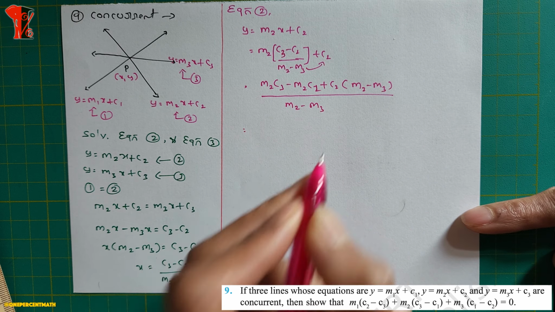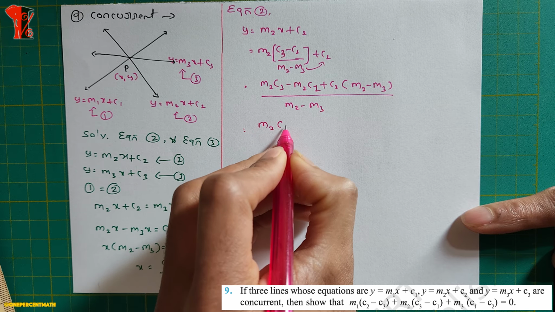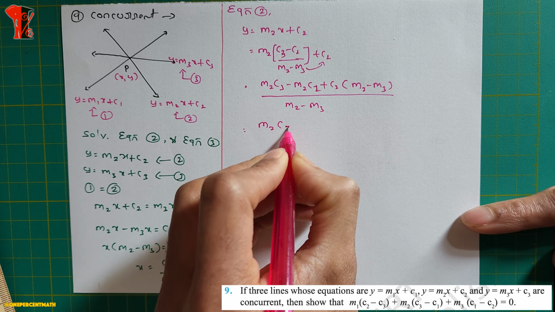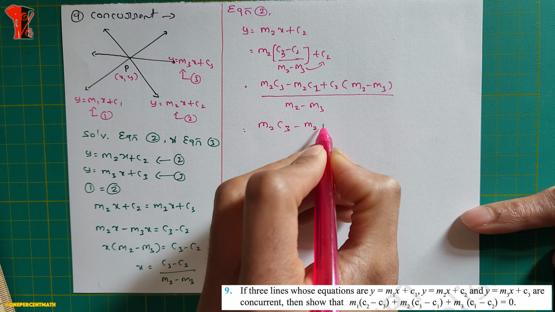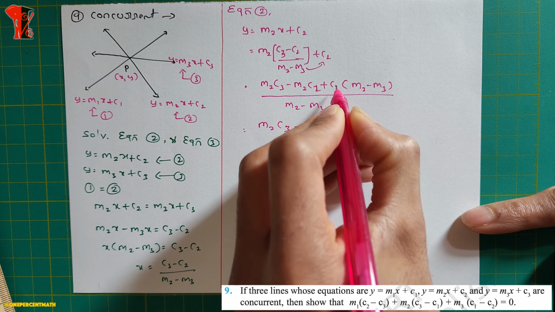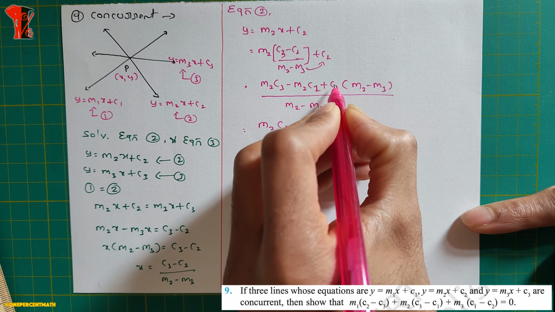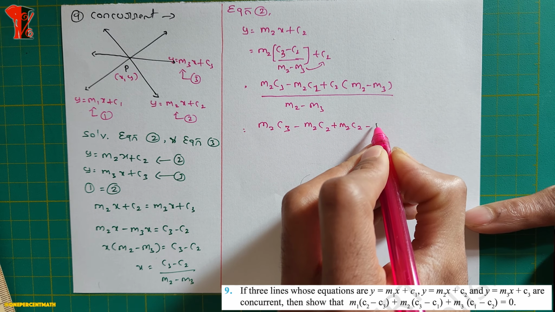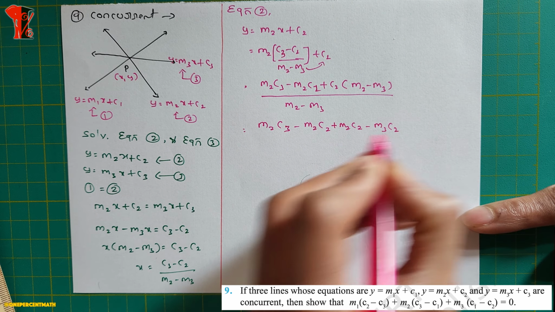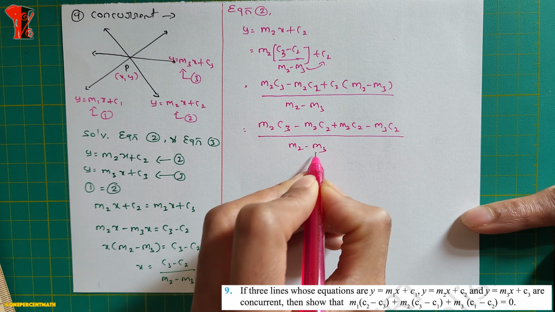Now we'll open the bracket here. Let me keep m2c3 minus m2c2 as it is. If I open the bracket, c2 into m2 gives plus m2c2, and c2 into m3 gives minus m3c2, whole divided by m2 minus m3.